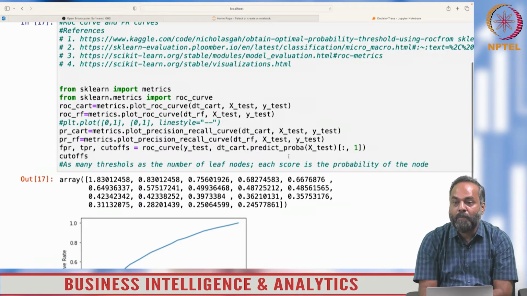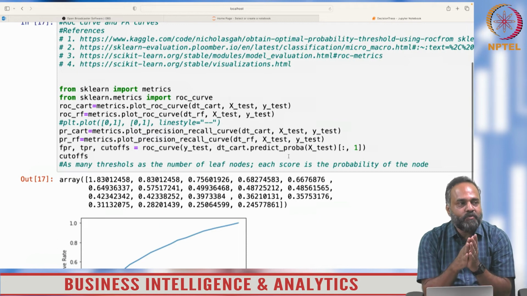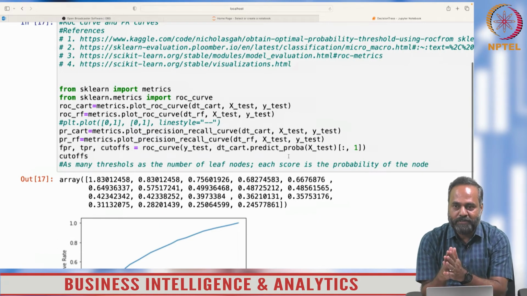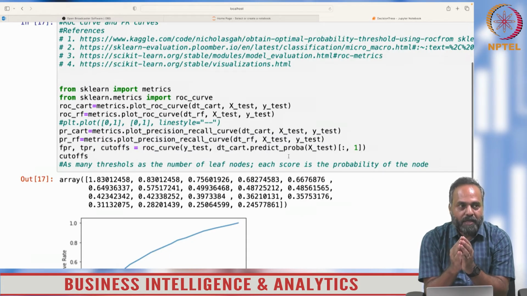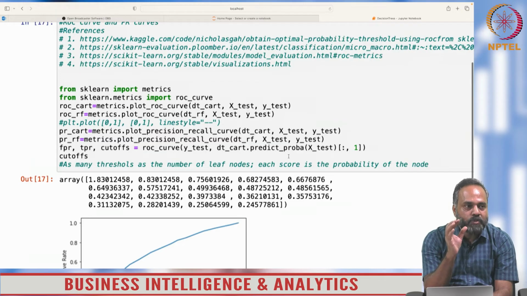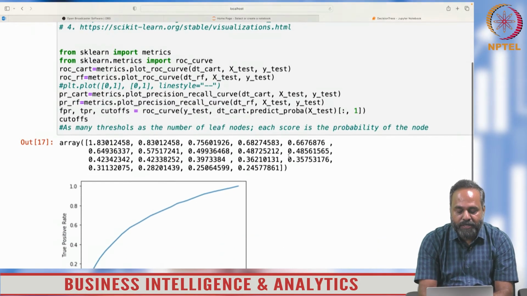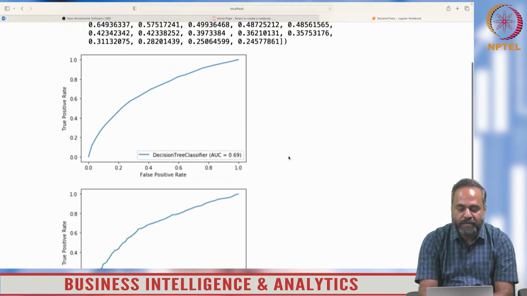Probability cutoffs. You understand what true positive rate and false positive rate are, which we already discussed. But what is a cutoff? Because in order to plot an ROC curve, you need cutoffs. It is plotted at different cutoff values. We discussed this in the class with the example of the TSH value for a thyroid problem. When you change the cutoff, the false positives and true positives change.